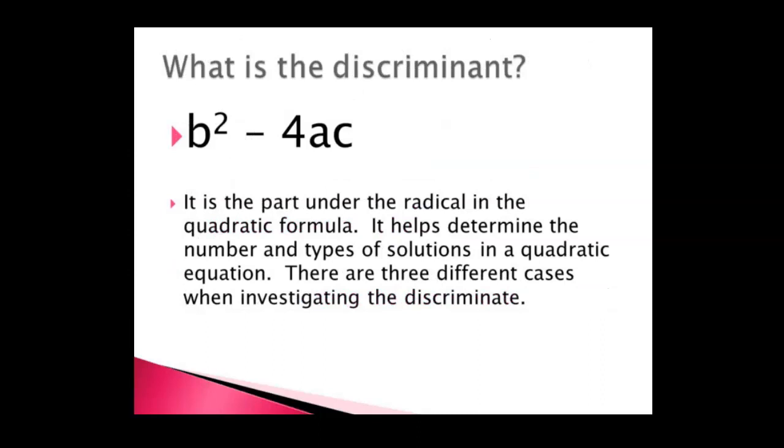So again, the discriminant is b squared minus 4ac. It's the part under the radical in the quadratic formula. And again, the entire purpose of it is to tell me the number and type of solution.